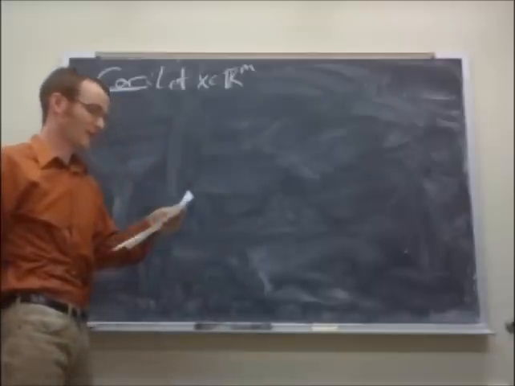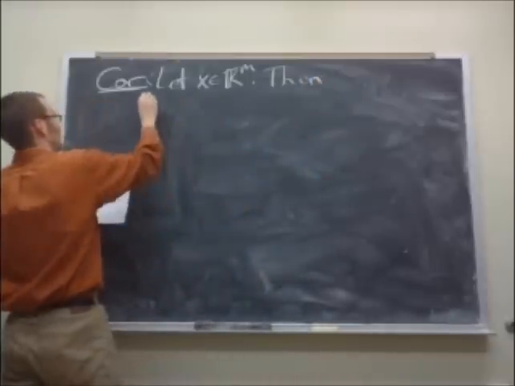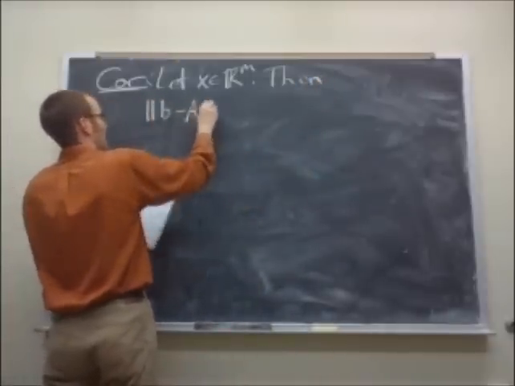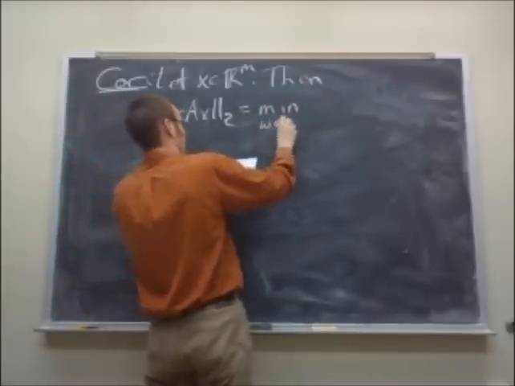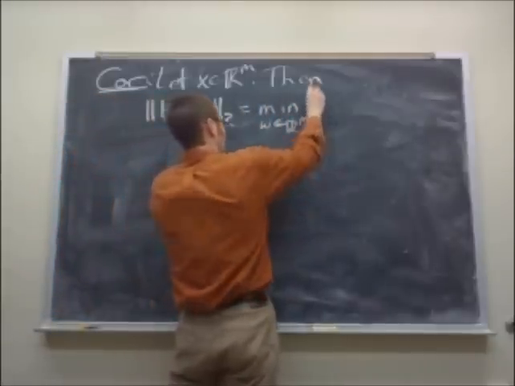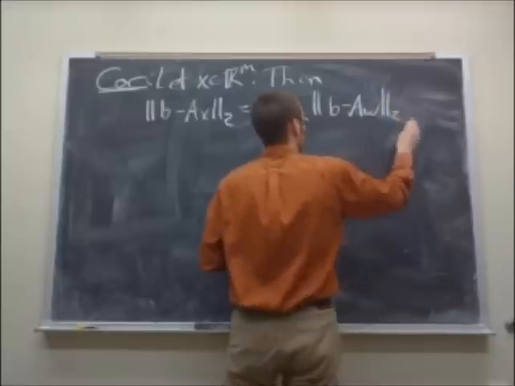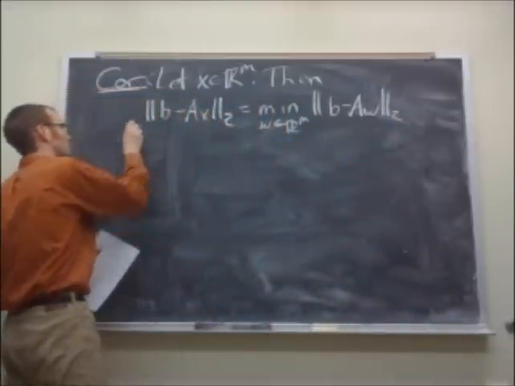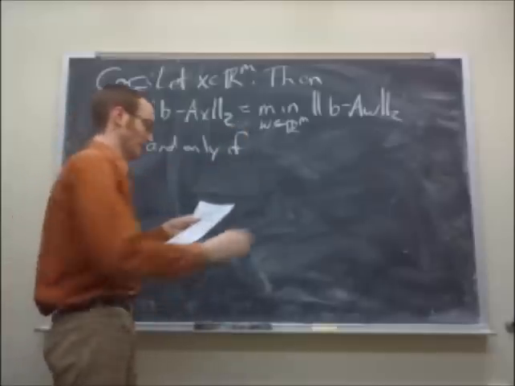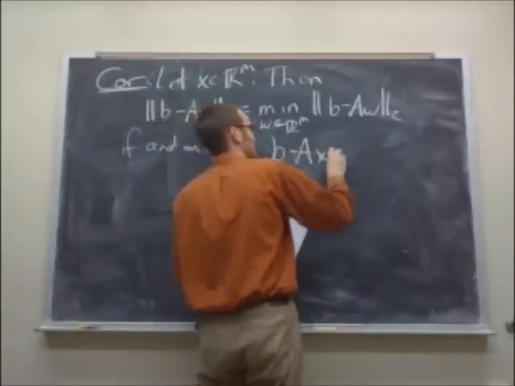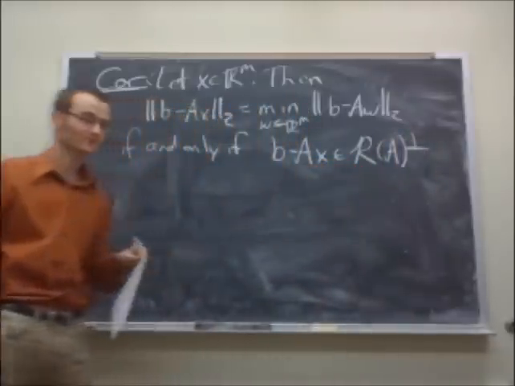So let x be in R^m. Then we can say that the 2-norm of b minus Ax is equal to the min over w in R^m of the 2-norm of b minus Aw, if and only if b minus Ax is in the range of A perpendicular.